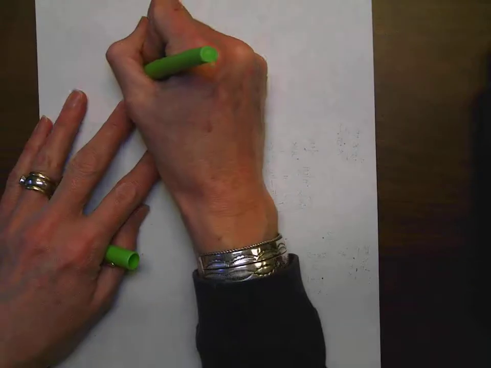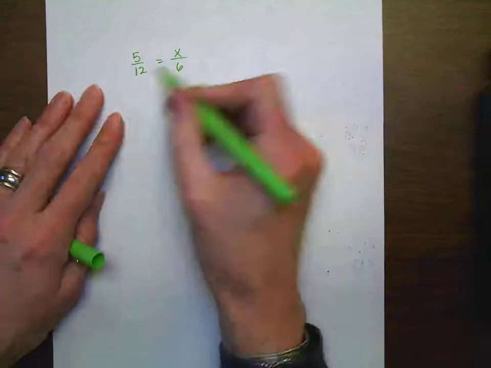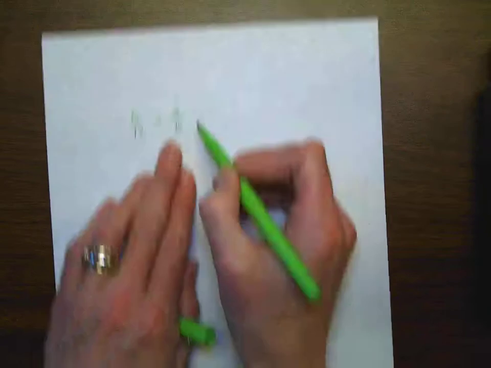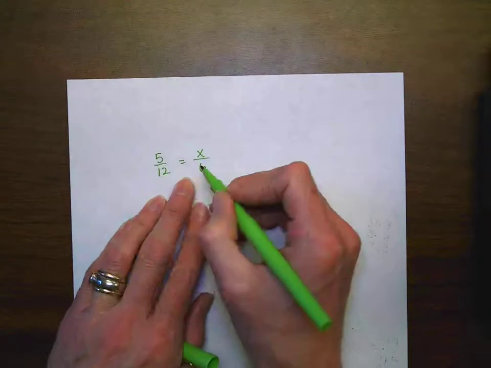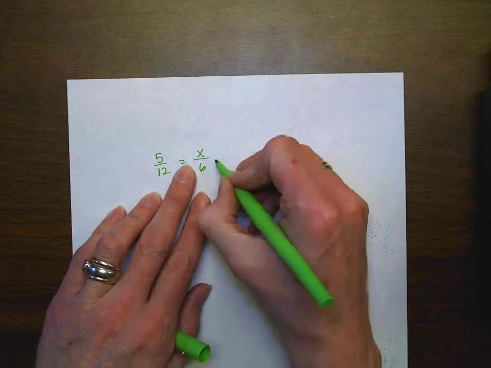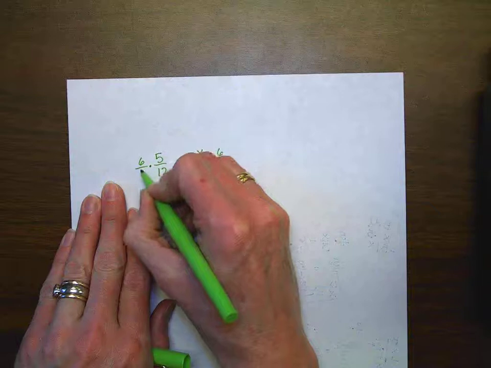Okay, so if we look at this again, if we have 5/12 equals x/6, let's get the variable by itself, right? Looking at this one, the first thing on our BU chart would be multiply both sides by 6.